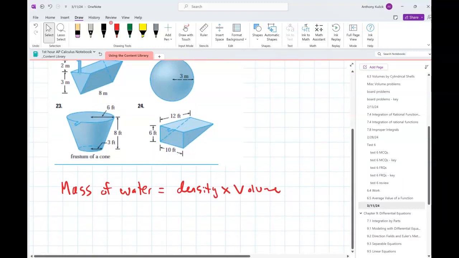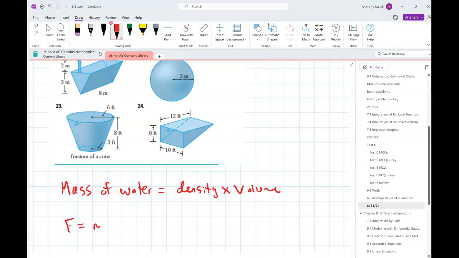And I know that force then is mass times acceleration. Oh, yeah, okay, so I'm sorry. Work is force times distance, yeah.